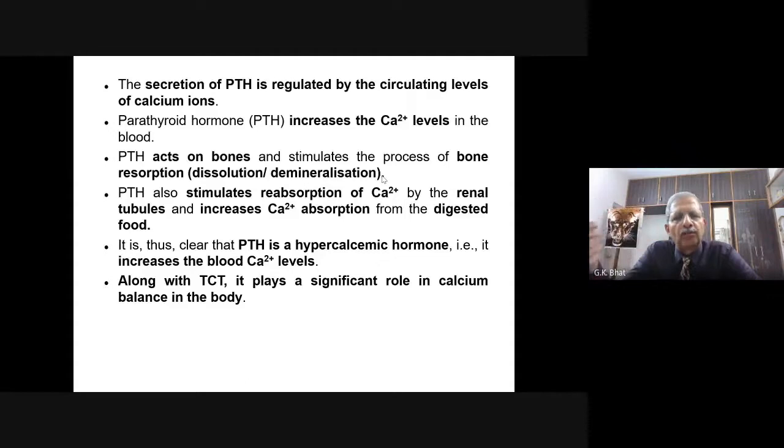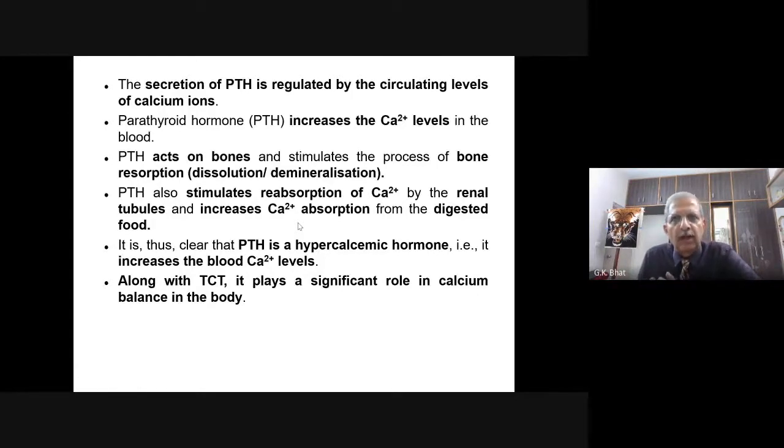Coming out of the calcium from the bones is nothing but bone resorption or bone dissolution or demineralization. Parathyroid hormone also stimulates reabsorption of calcium by the renal tubules and increases calcium absorption from the digested food. So by the reabsorption of calcium by the renal tubule and by the absorption of calcium from the digested food, the calcium level comes up.